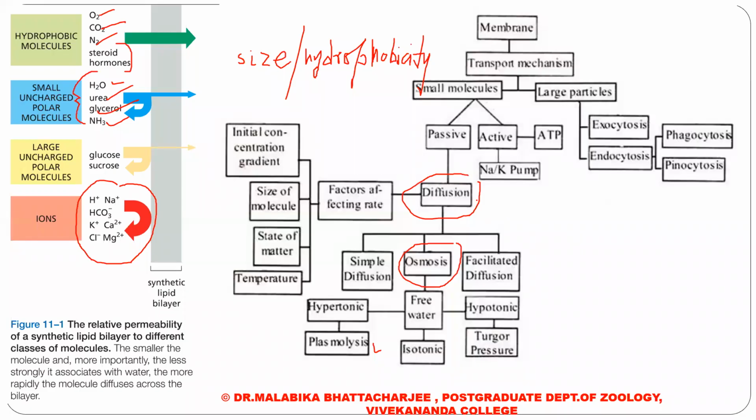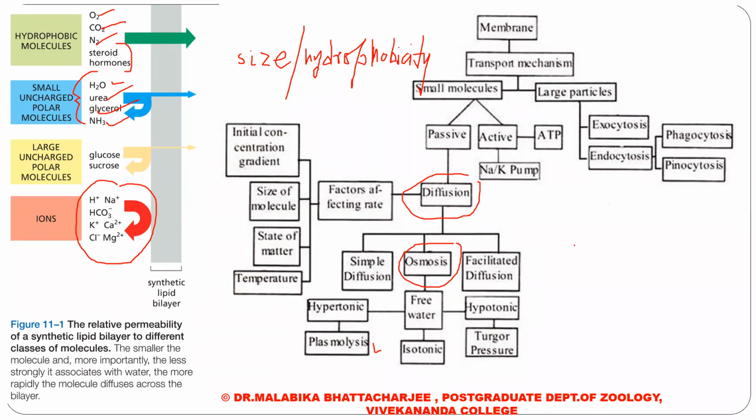So when I'm clarifying these two words, diffusion and osmosis, many of you rightly said osmosis is a movement of solvent molecules from a region of higher concentration to a region of lower concentration, whereas diffusion can be broadly summarized as the movement of solute molecules from a region of higher concentration to a region of lower concentration.